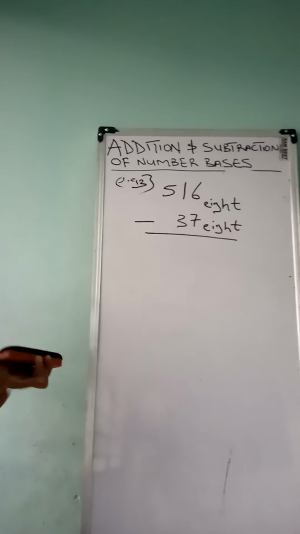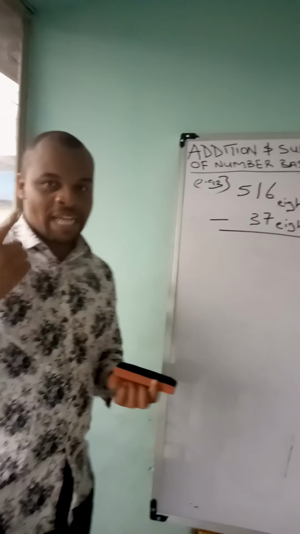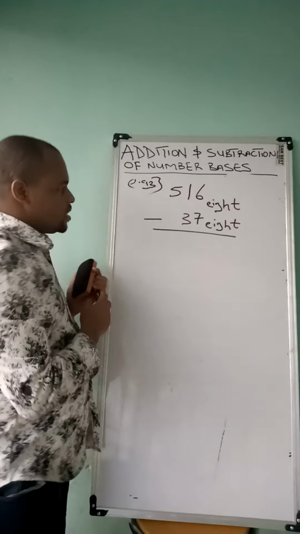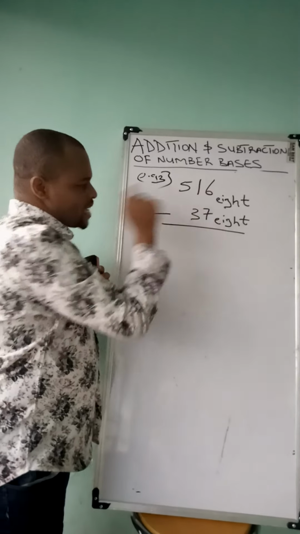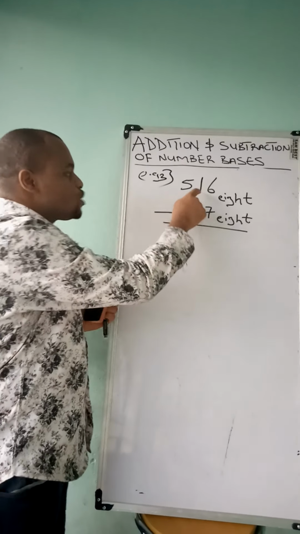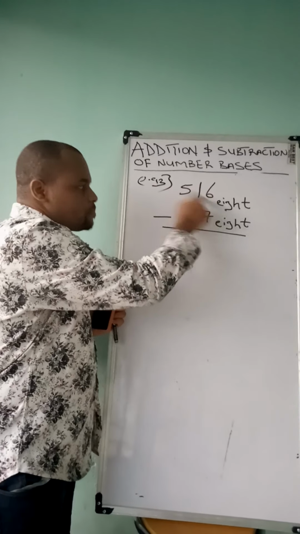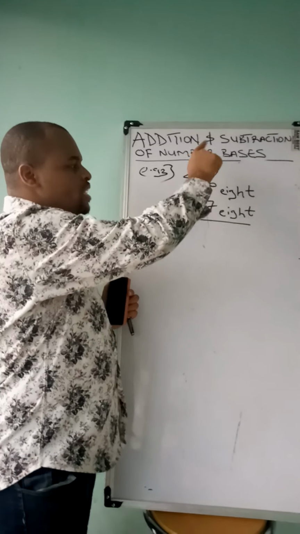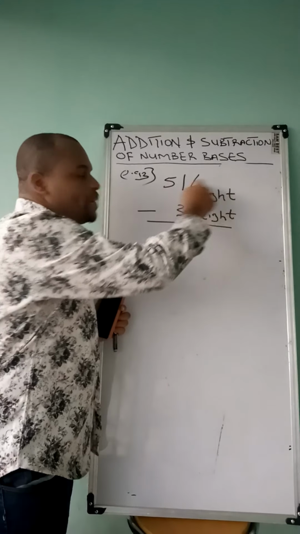This is where the trick comes in. Remember the reminder I did when we were working in base 10. 6 minus 7. 6 is less than 7, so it is not possible. It means I need to borrow this one to this place. But remember that if I'm borrowing, that number I am borrowing takes the shape of what? The base.